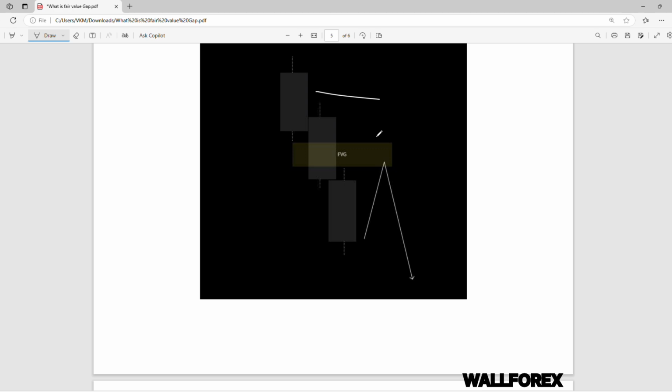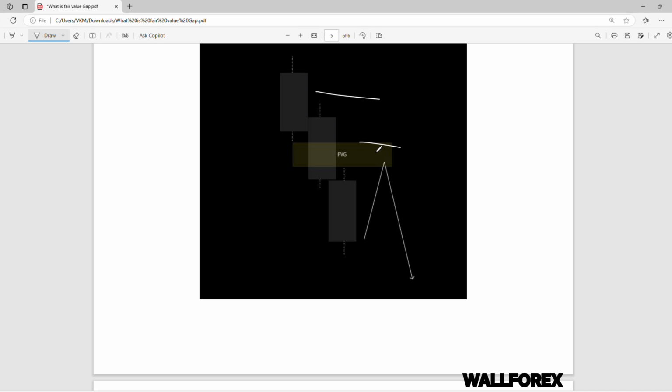That's why this imbalance is formed, because if they need to, they will put a limit order here, because they need that money to trigger and move downward. Basically, institutional traders move the market, which traps the retail traders, and when the price comes to this fair value gap, price will move downward.